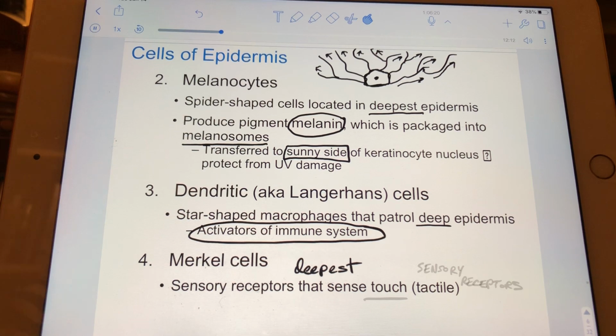And they appear very much like a chair cushion, and that cushion is sitting on top of nerve endings, and that anatomy allows Merkel cells to sort of relay any pressure changes that are caused by touch to those nerve endings, and therefore Merkel cells are acting as sensory receptors.